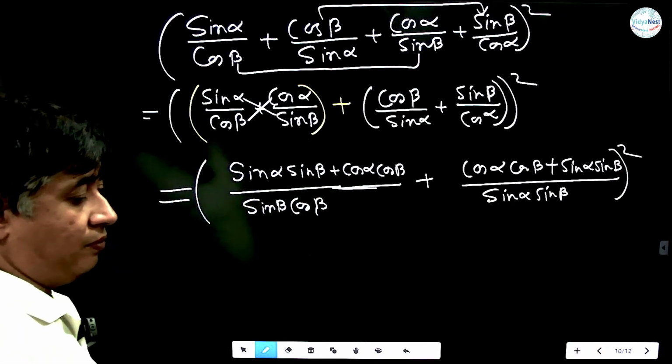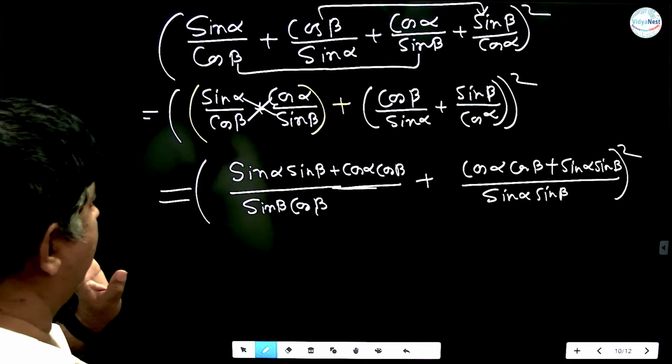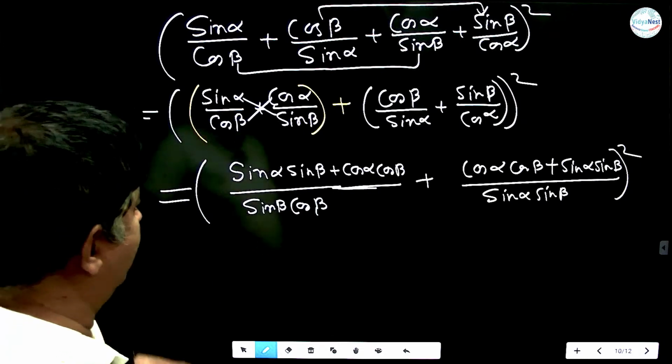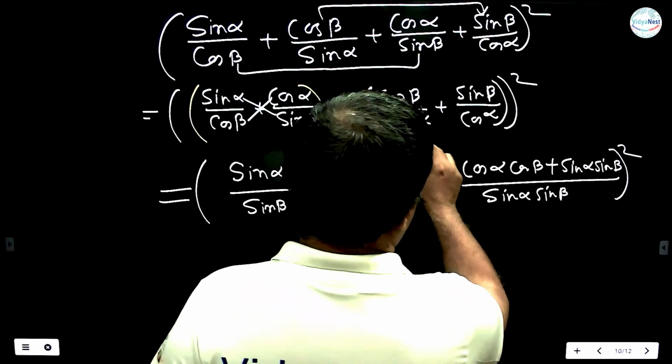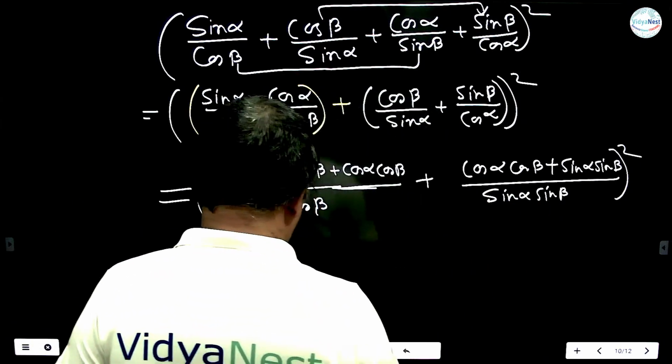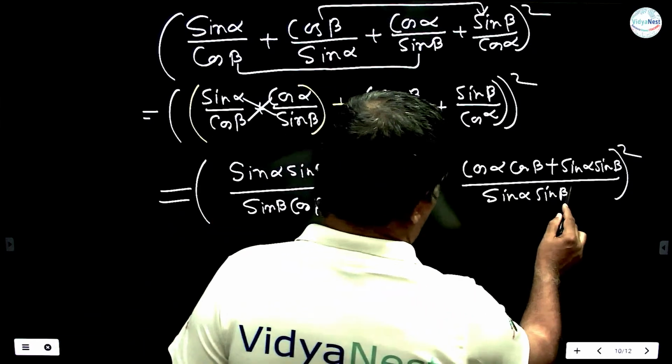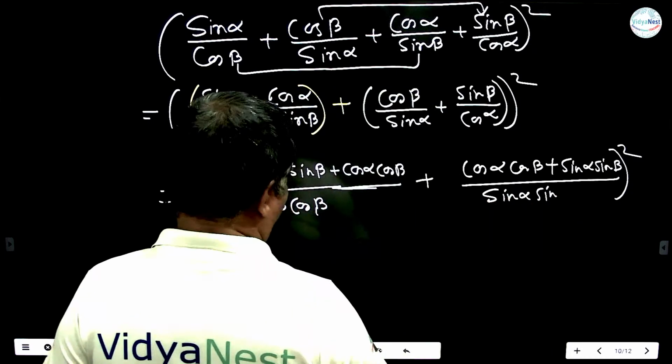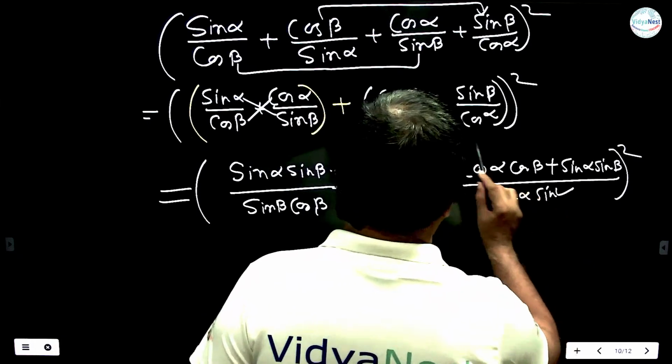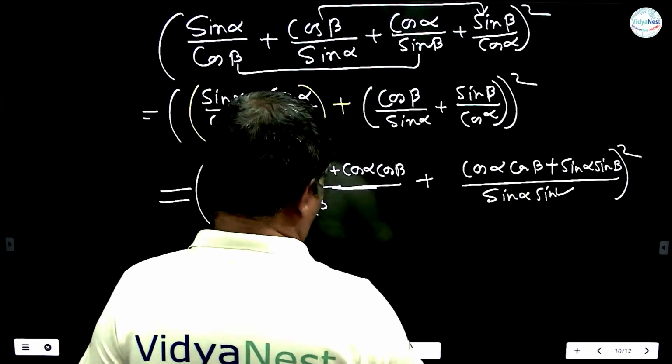Okay, one mistake. Oh, what mistake? Here alpha and beta, two different angles. By mistake I have written sin alpha, cos alpha, that is.